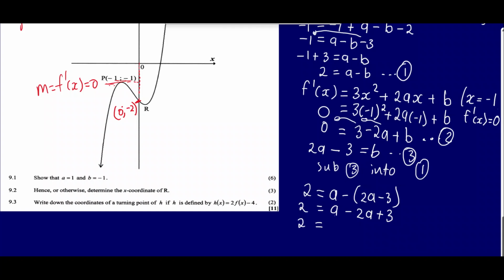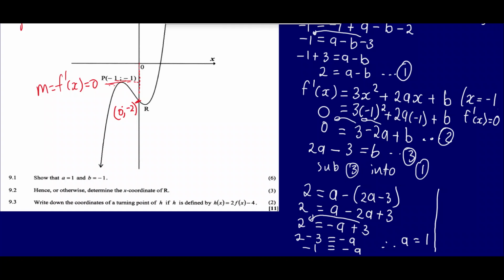So 2 equals negative a plus 3. Then we transpose: 2 minus 3 gives us minus 1, which is equal to minus a. Therefore a is positive 1.